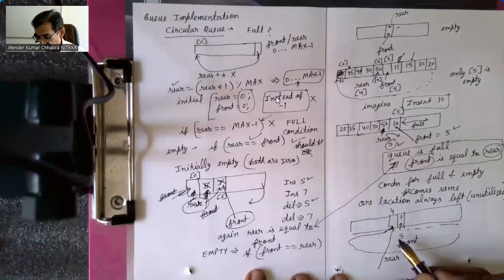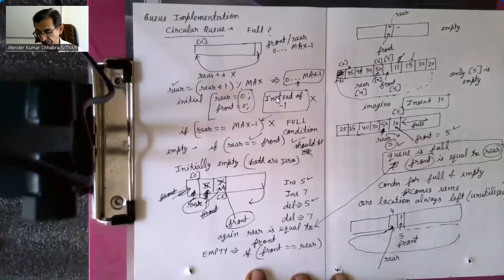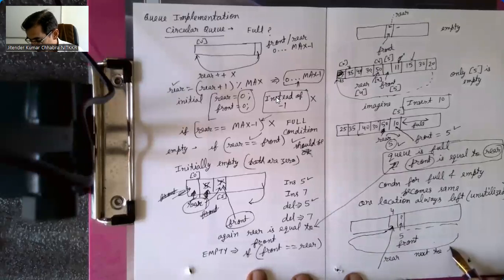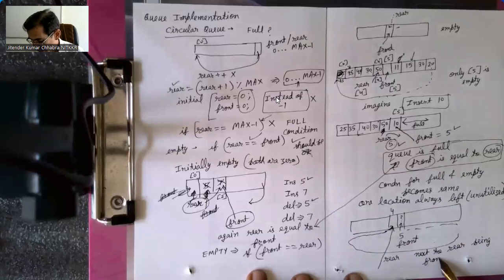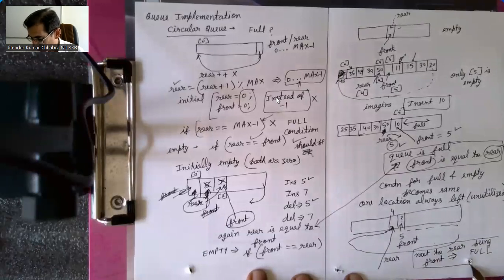And I say if the next location to rear is front, it means it is almost full. Except one location, everything is full. So I will say next to rear being front means I will conclude it to be called full.